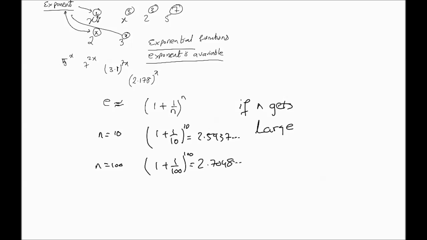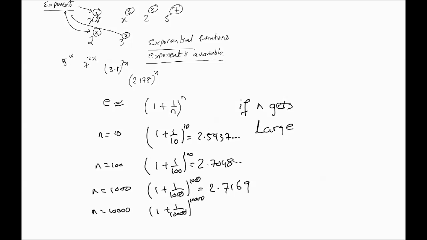7048... N equals, let's say, 1,000, gives us (1 + 1/1,000)^1,000, and that's in fact 2.7169. And say n equals 10,000, and that's 2.718 1, and so on and so on.